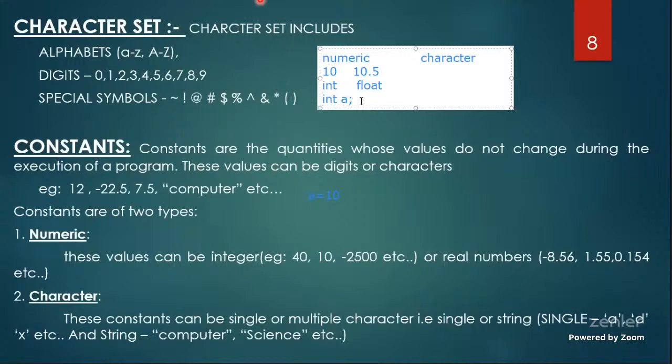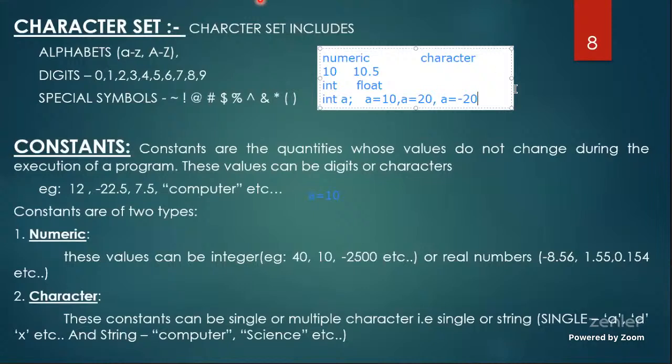That means this a can hold only whole numbers. So I can store a is equal to 10, even a is equal to 20, even a is equal to minus 20. It doesn't matter whether it is a negative or positive number, but you will be storing only whole numbers in the integer data type.